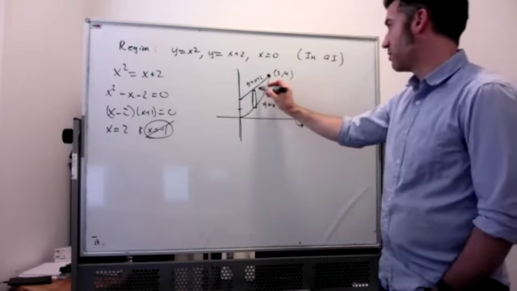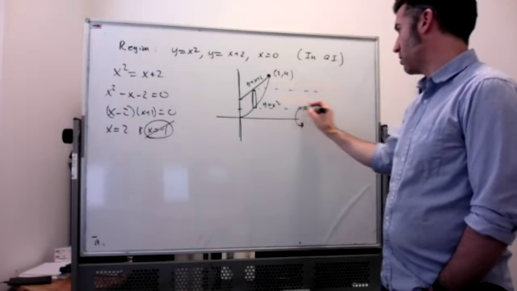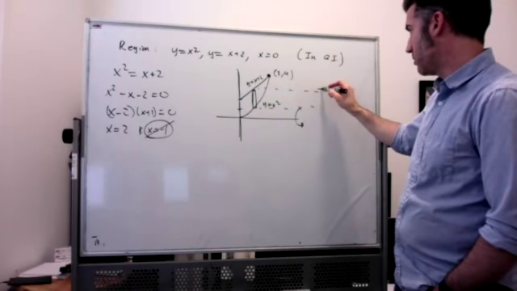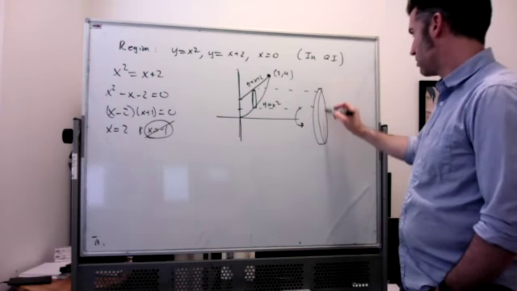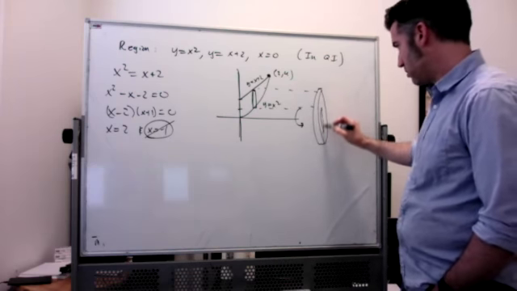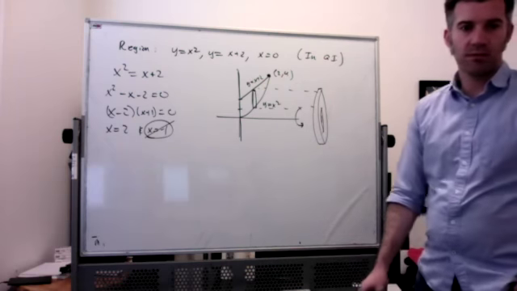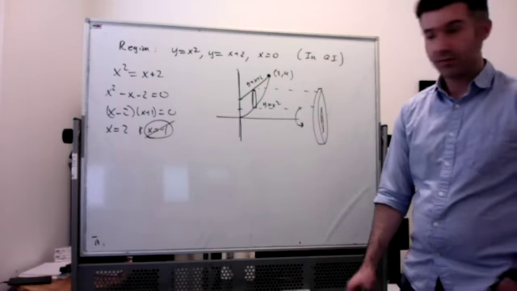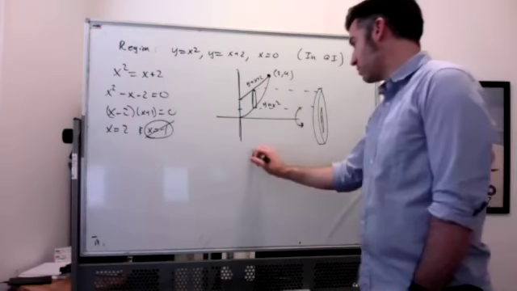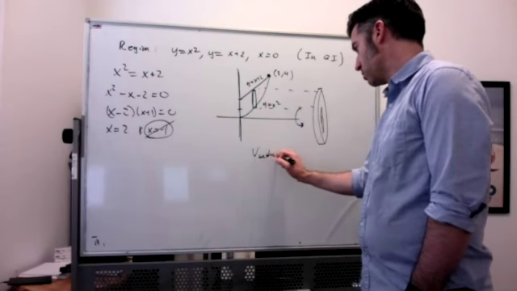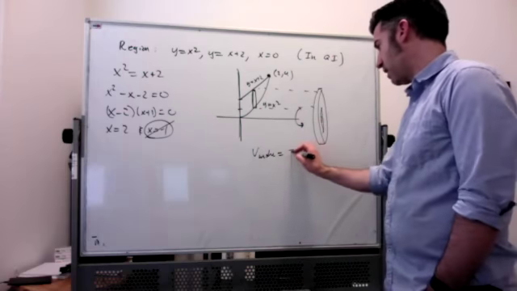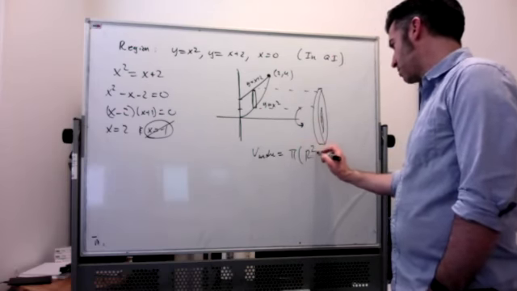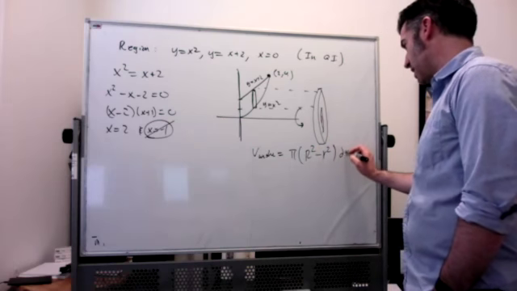This is our little strip that we're revolving to get a washer. So the volume of this washer is, again, we can factor out the pi. It's going to be pi times the big radius squared minus the little radius squared times dx.